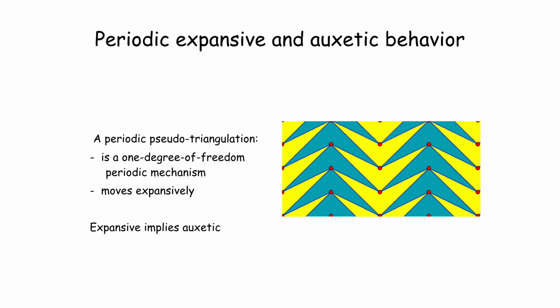But now, if we have a tiling like that with periodicity and pseudo-triangles, then we actually always have 1 degree of freedom. And as long as the pseudo-triangles remain pseudo-triangles, we expand.